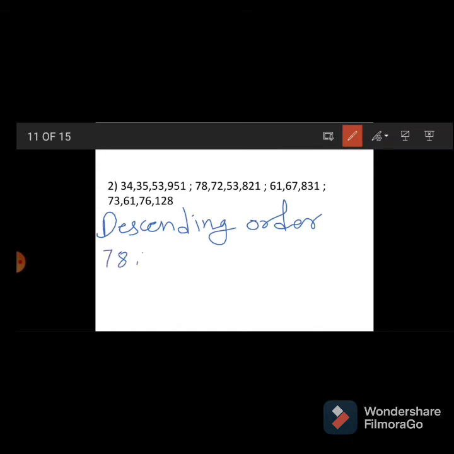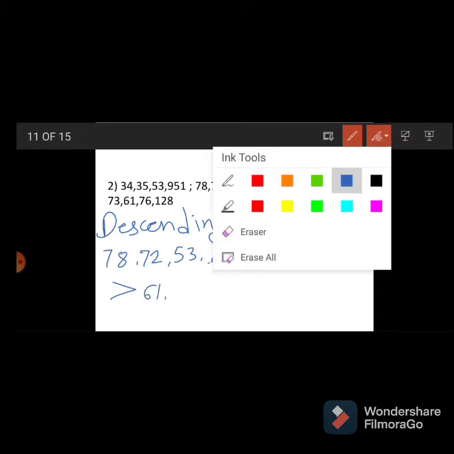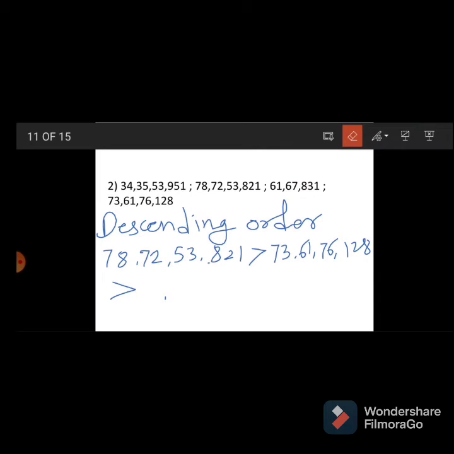first see descending order which number? 78 crore 72 lakh 53,821 is greater than 73 lakh 76,128 is greater than which number? 61 lakh, sorry, which number? By mistakenly I am writing 61 lakh.